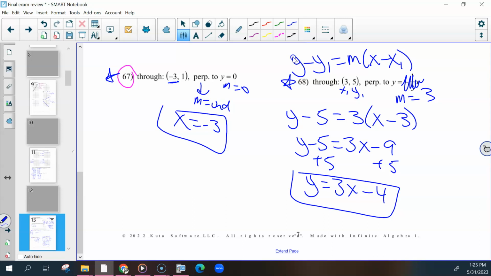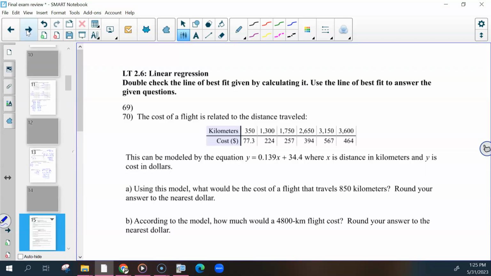Questions on that or other questions on this page? Go on to the next page. Yes, it is.